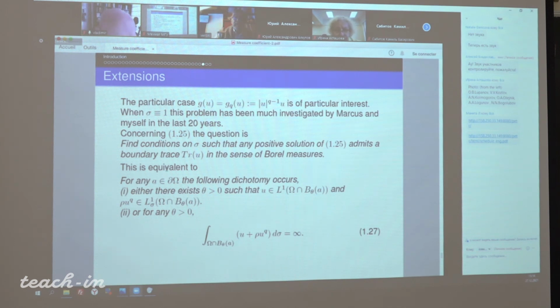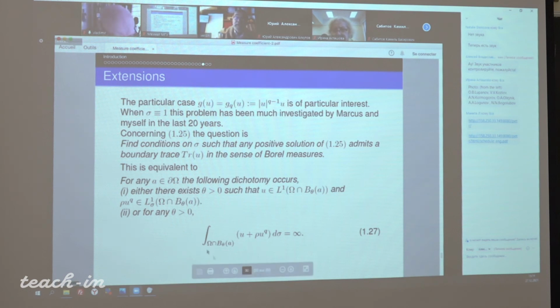Okay? An equivalent way to see that the boundary trace is a coherent measure is to have this type of dichotomy. For any a in ∂Ω, the following dichotomy occurs. Either there exists θ positive such that u is in L1 of Ω intersect B_θ(a), and ρ times u^q is in L1 with weight σ of Ω intersect B_θ. This is the case where there is a Radon trace.